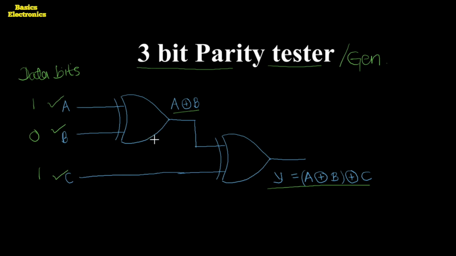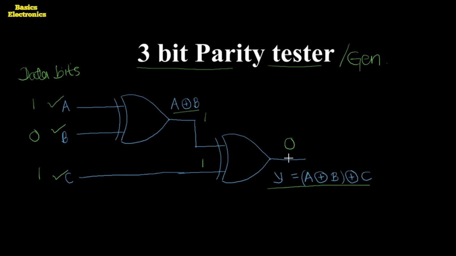For the first XOR gate, the input bits A and B are different, so it produces a high output. For the second, final XOR gate, the inputs are 1, 1, both similar, so it produces a low output. Or we can say the number of ones is even, so it produces a low output.